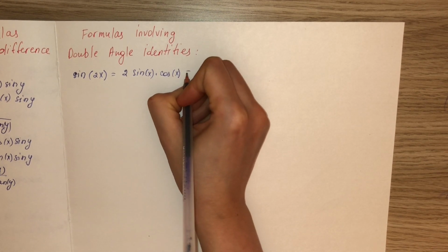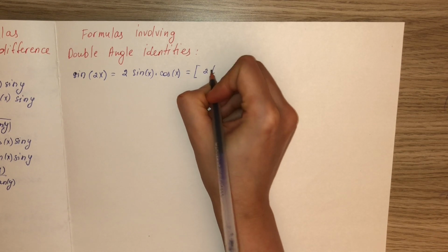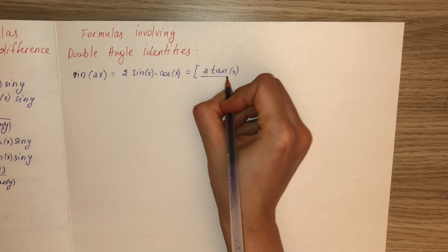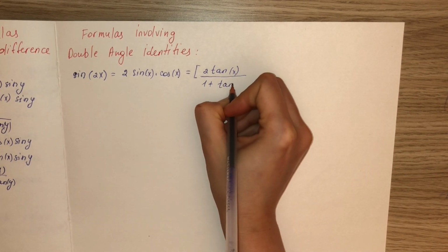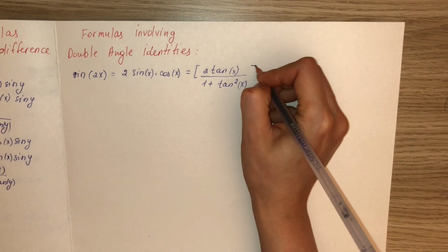And this is also equal to 2 times tangent x over 1 plus tangent square x. Okay.